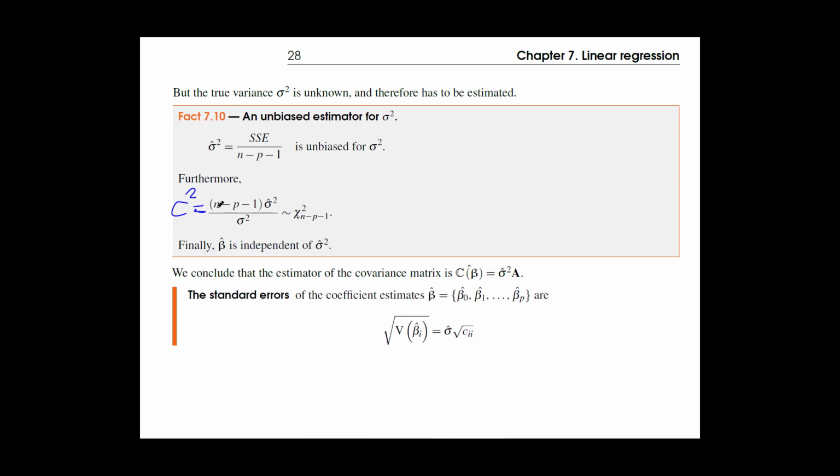Remember, C squared was n minus 1 times S squared divided by sigma squared. So that's kind of the analogous. So this C squared is chi-square distributed with the degrees of freedom. And similarly, as the sample mean is independent of the sample variance, here all the betas are independent of this sigma hat.